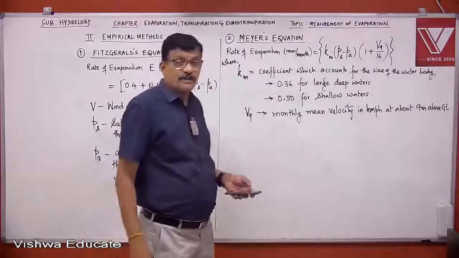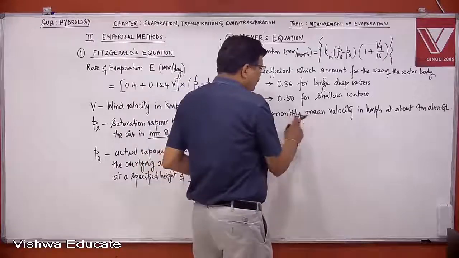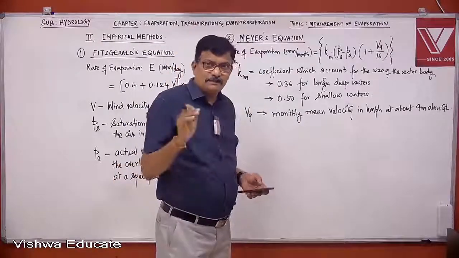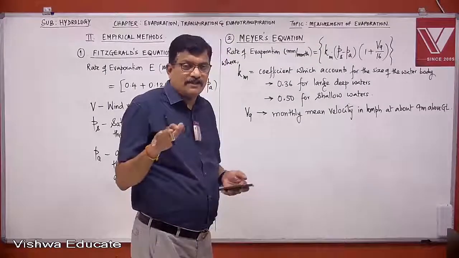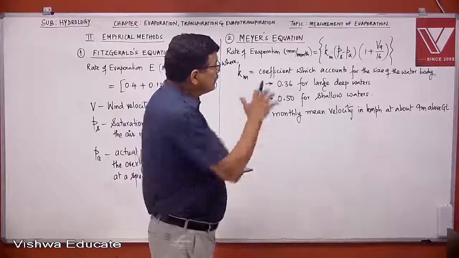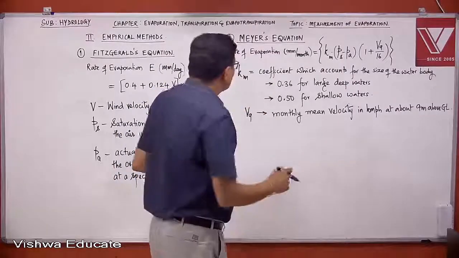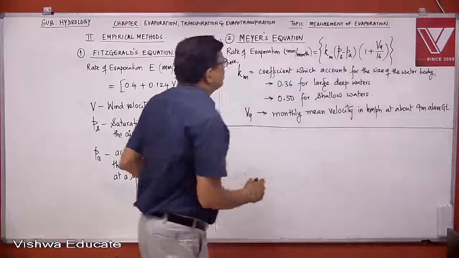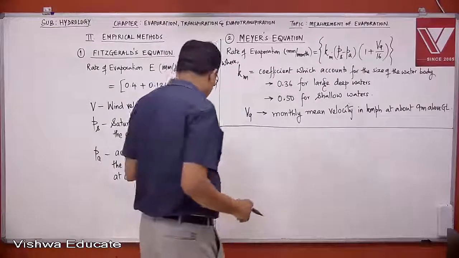So this velocity is nothing but the average velocity for the month at a specified height. The specified height in this case is 9 meters, whether it is measurement of the air pressure or the wind velocity. So this is Meyer's equation that is used to estimate the rate of evaporation.